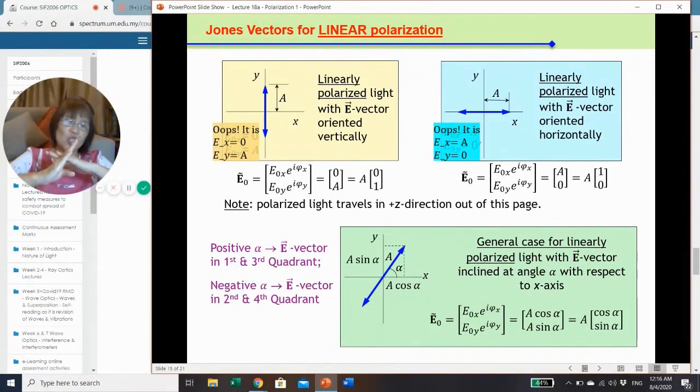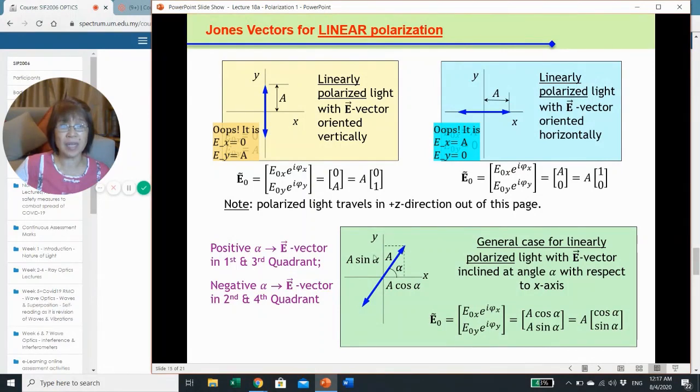What if it is a general case whereby the plane of polarization is inclined at an angle alpha? In this case, we could resolve an x component, which is A cos alpha, and a y component, which is A sine alpha. And in this case, it's inclined in the first and third quadrant, so alpha is positive.